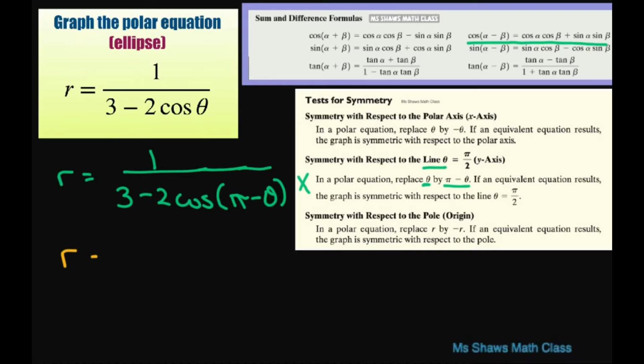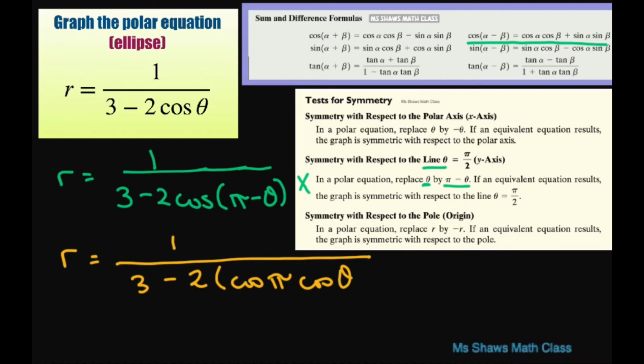So this is going to be r equals 1 divided by 3 minus 2, and we're going to have cosine of pi cosine of theta, plus sine of pi times sine of theta.